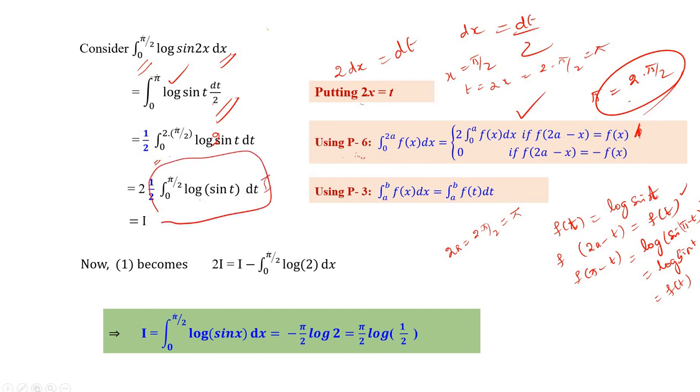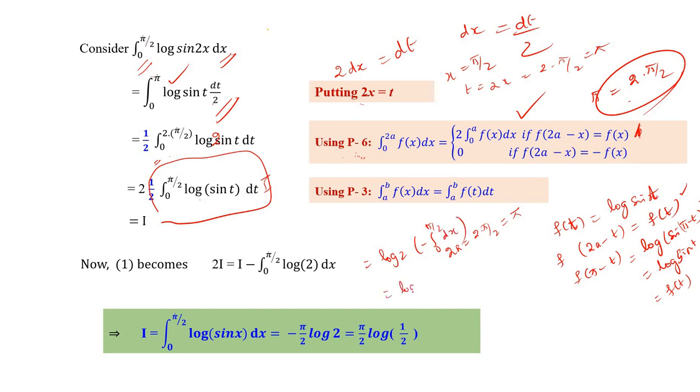So your equation 1 now becomes 2I equal to the first integral alone we consider, and that also we have got as I. So 2I, take this I to the left side. So I equals minus integral 0 to pi by 2 log 2 dx. But log 2 is a constant, so you can take it out. So you have minus log 2 times integral 0 to pi by 2 dx.